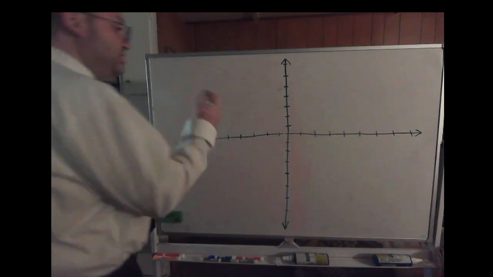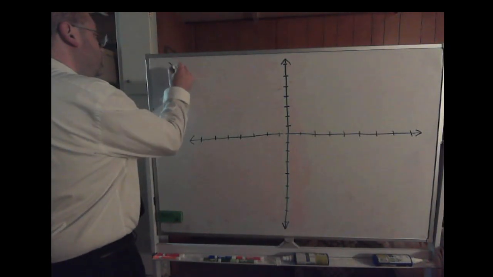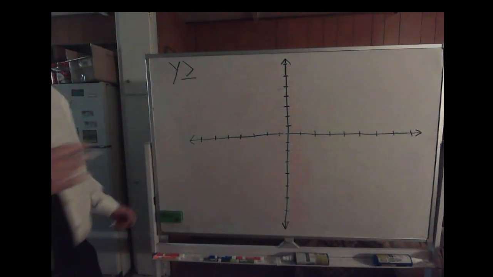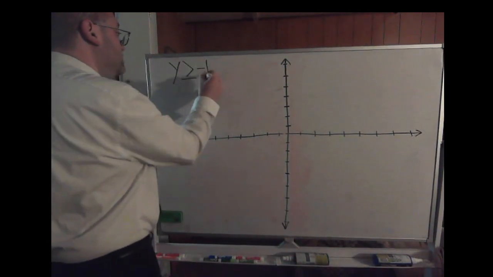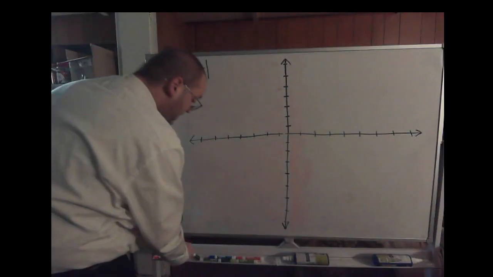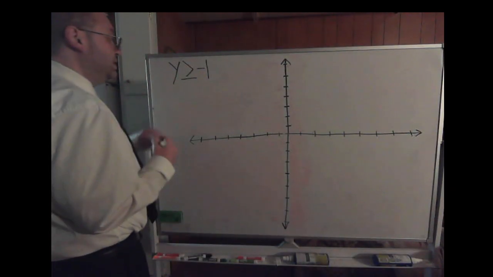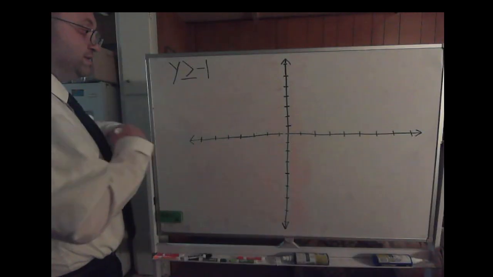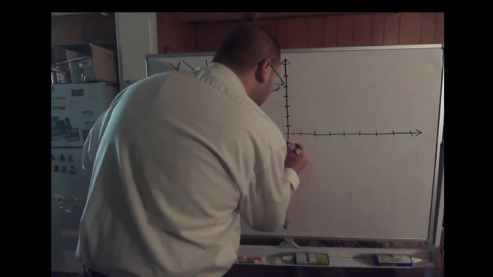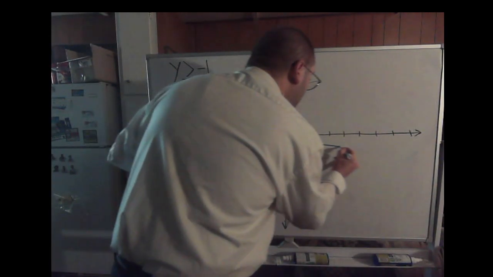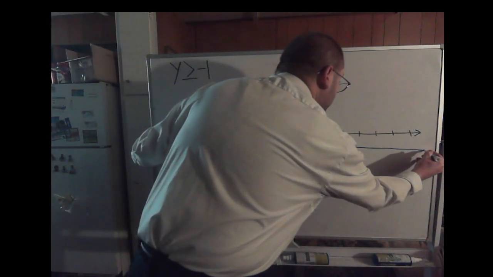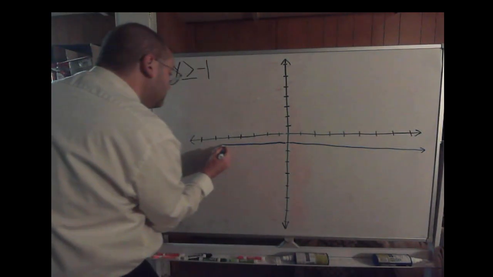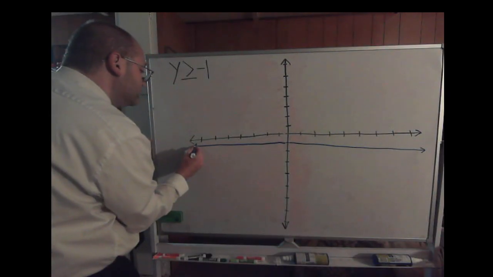But how about y is greater than or equal to -1? So we have y is greater than or equal to -1. Well, since it's got the equal component, you would draw a solid line through y equals -1. Since it's got the equal component, that means we're going to include y equals -1 in the solution.